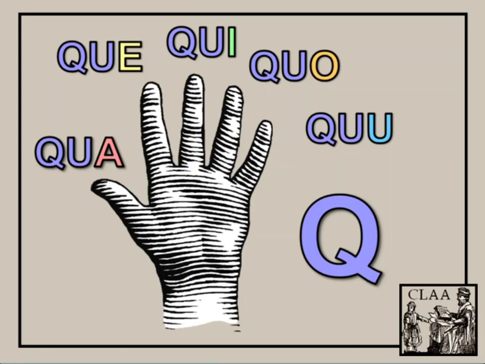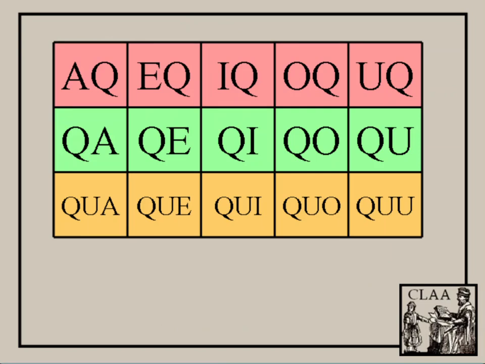These may take some extra practice, so you may want to stop here, review, and work on these some more. By now, you should be able to read or spell any Latin syllable that contains the consonant ku.